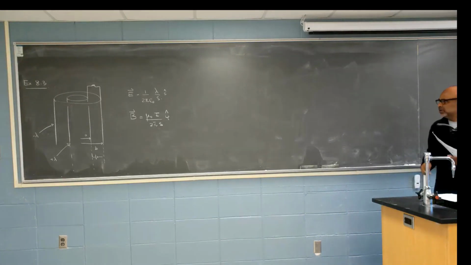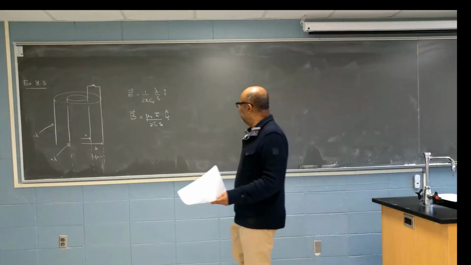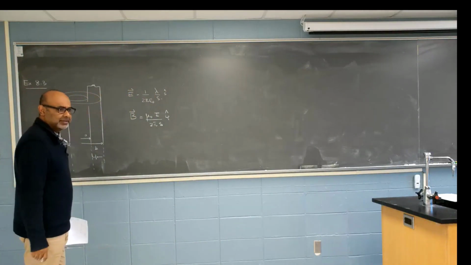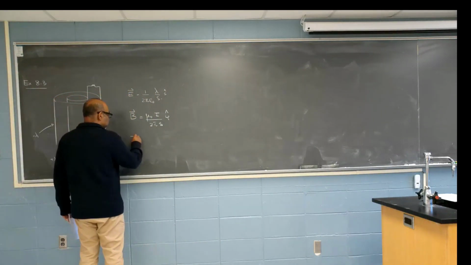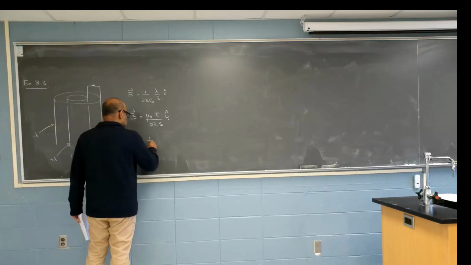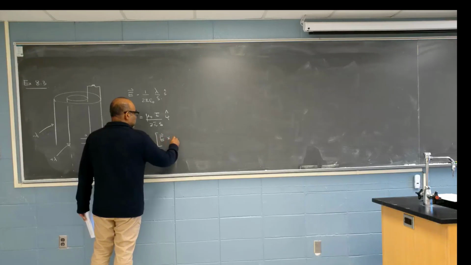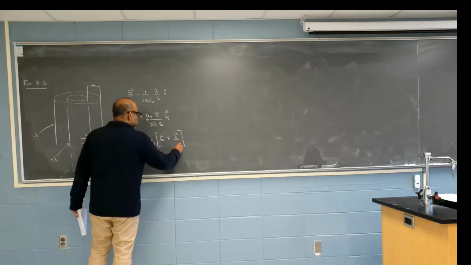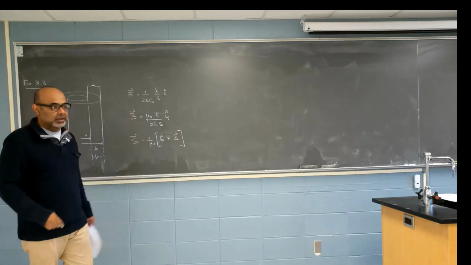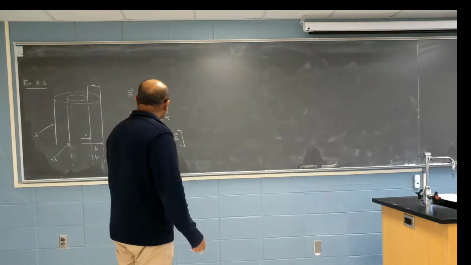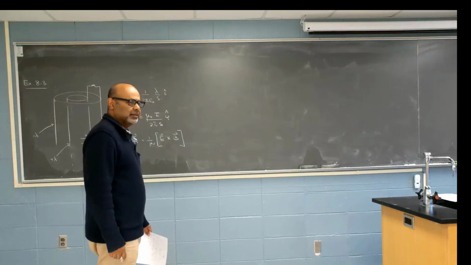So first things first, let's compute. When there's E and B, there's only one thing you can compute, which is what? The Poynting vector. What is the Poynting vector? 1 over mu naught E cross B. So E and B are perpendicular here. So the Poynting vector is plus or minus Z. What is S hat cross phi hat?